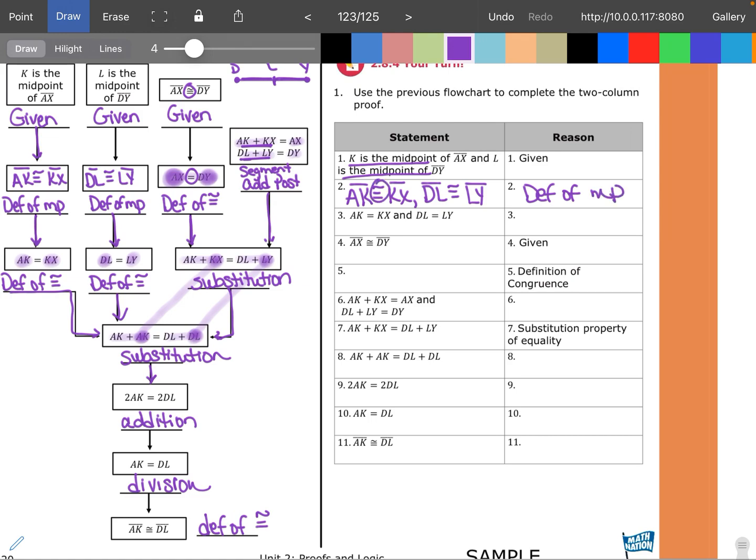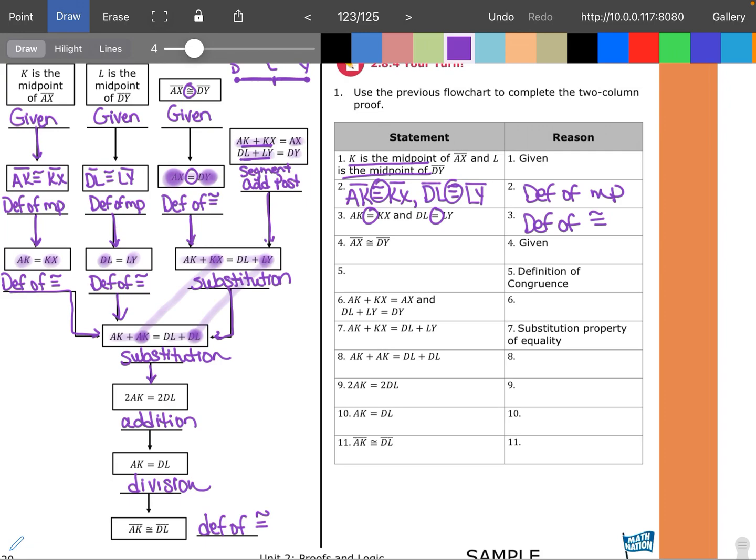We go from congruence to equality. So that is our definition of congruence. Just to make sure, if segments are congruent, they have equal measure. If they have equal measure, they are congruent. That's what the definition of congruence tells us.